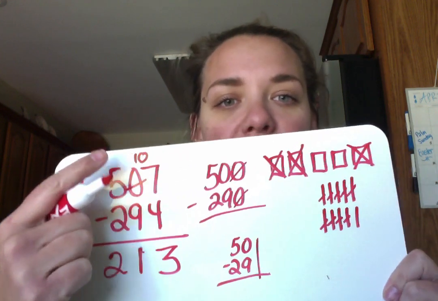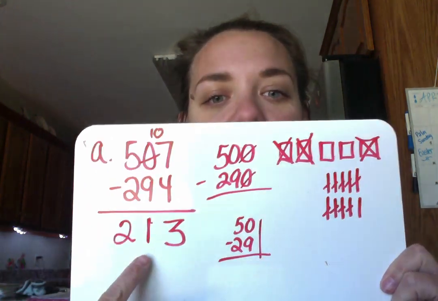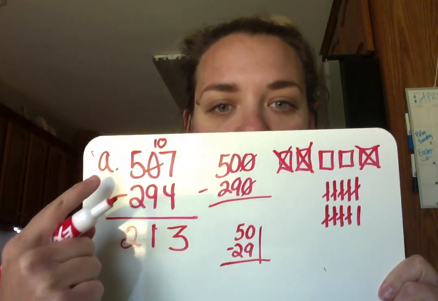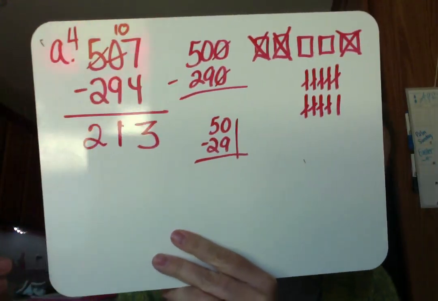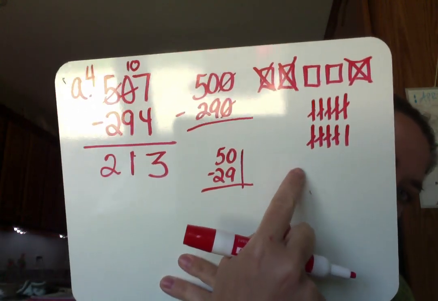And now I have 10 tens, and I'm going to take 9 of those away, which is only going to leave me with 1. 10 minus 9 equals 1. All right, 500 minus 200. Well, actually, this 500 became 400 because we had to exchange one of our hundreds for 10 tens.